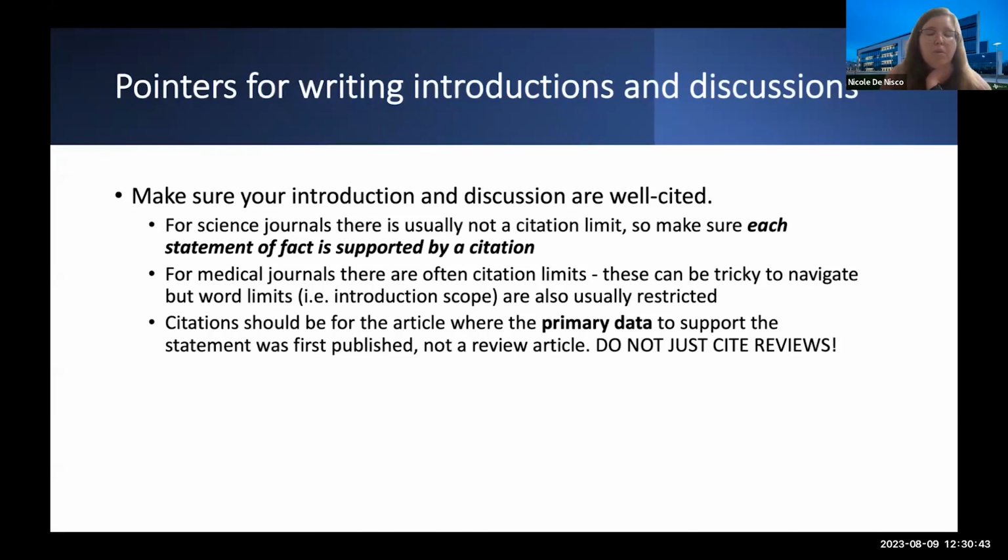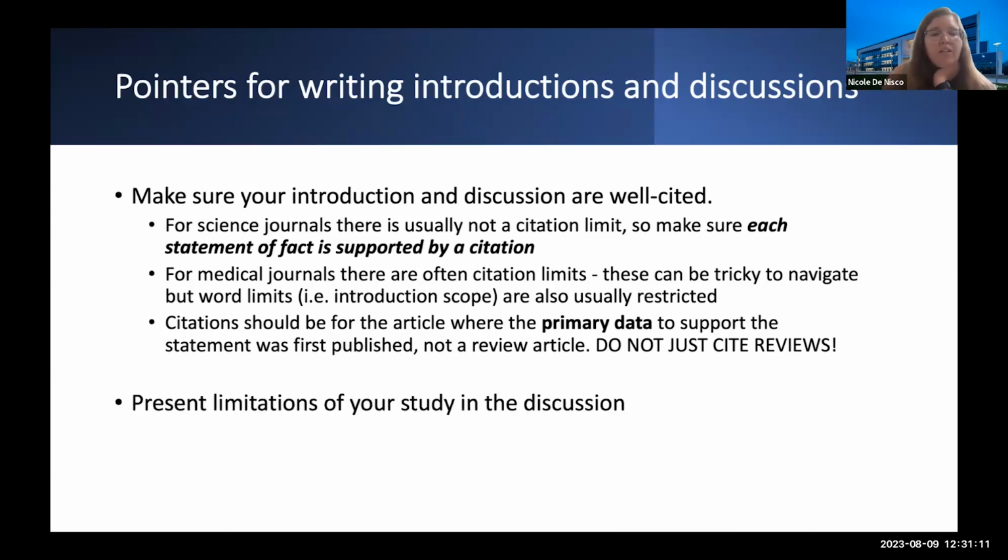Because people want to go back and verify that finding. I do it all the time where I'm reading a statement and I want to go back and find the original paper so I can look at the data myself. And then they cite a review, and then you go down this hole and that review cited a review, and then you're just going into this black hole of reviews and you can never find the primary data. So just in general, it's always good practice to cite the paper that actually made the finding.